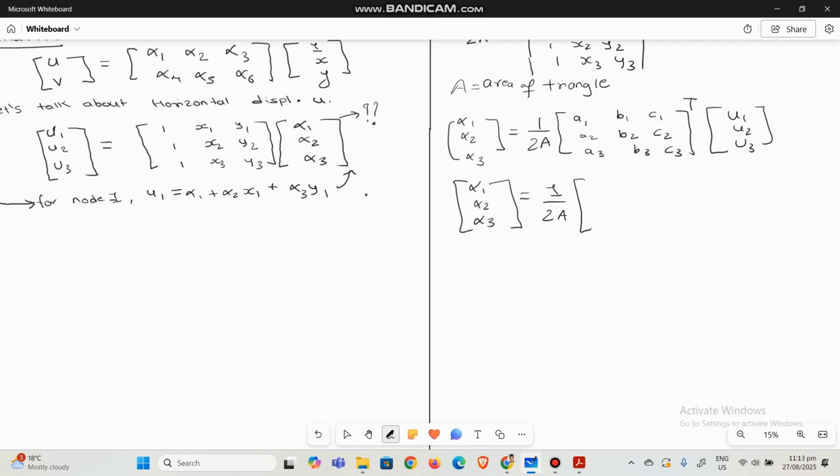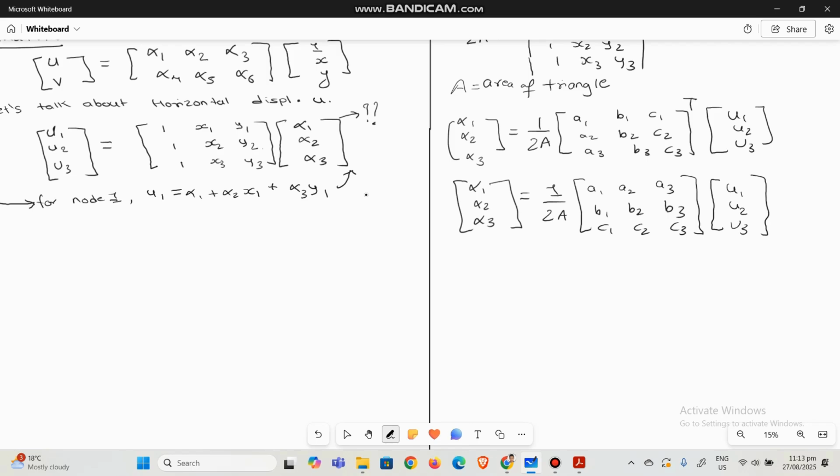When we transpose this matrix, we get A1, A2, and A3, B1, B2, and B3, C1, C2, and C3. Now we already transposed that, so we are not going to write it again this way. Okay, so now we got alpha 1, alpha 2, and alpha 3 in this form.